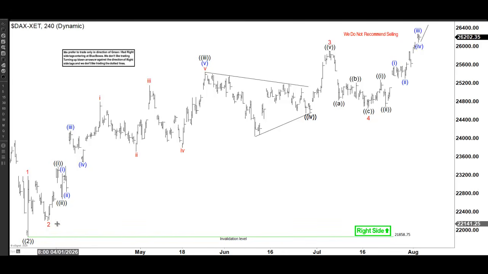Then from here up to here, we got 1, 2, 3, 4, and 5 in black. And then from here, we got 1, 2, 3, 4. And currently, the DAX is working in a wave 5 from the cycle lows of March 23rd right here.